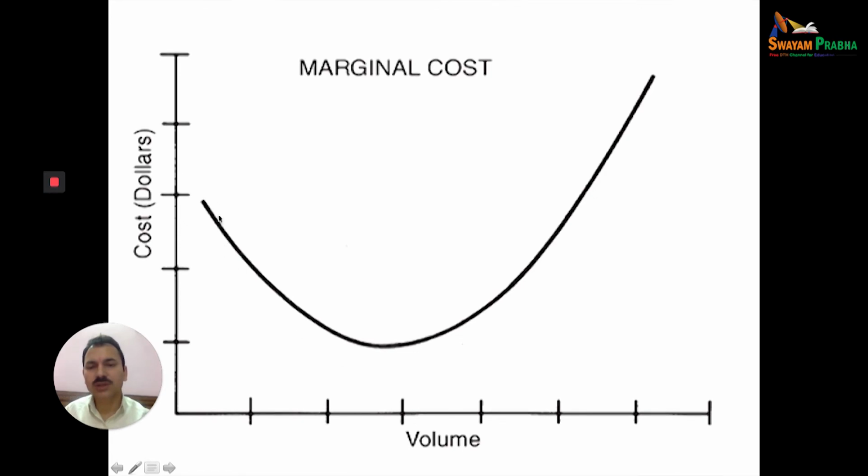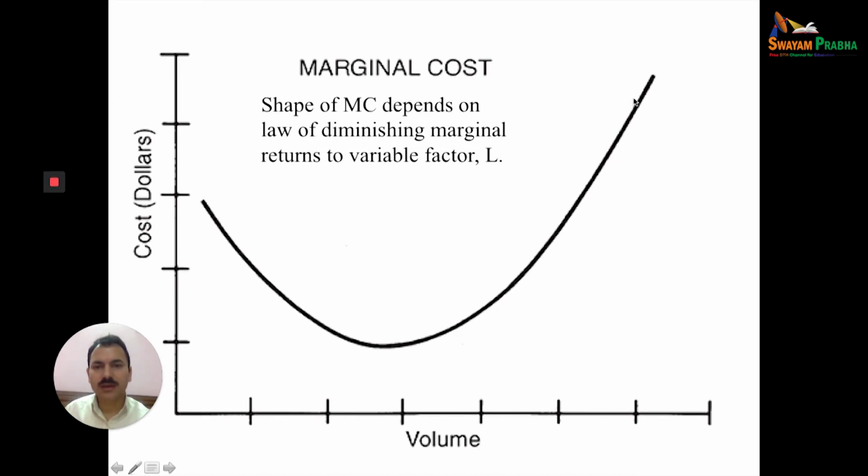So the marginal cost curve is again U-shaped. It decreases with the increase of output, reaches its minimum point, and after reaching the minimum point it starts increasing. The shape of marginal cost depends upon the diminishing marginal returns of the variable factor, that is L, labor.